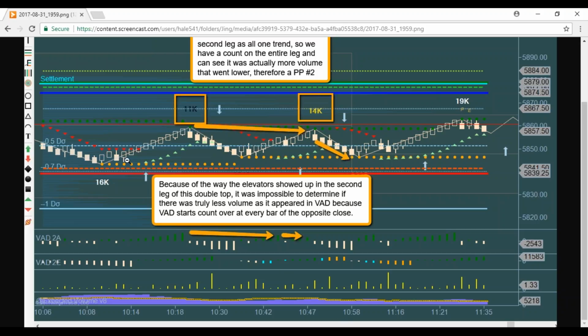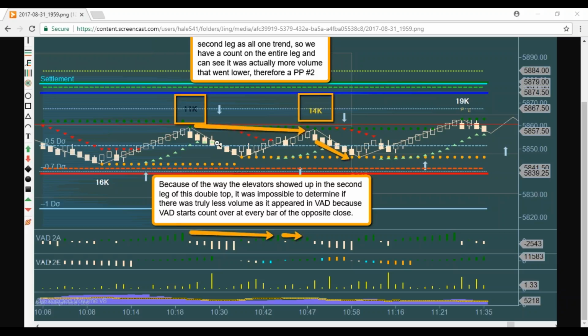Or is this a range bound or slightly trending market? It's a range bound or slightly trending market. So what are the 2 power play trades we're looking for in this type of market? Right, a 1 or a 2.